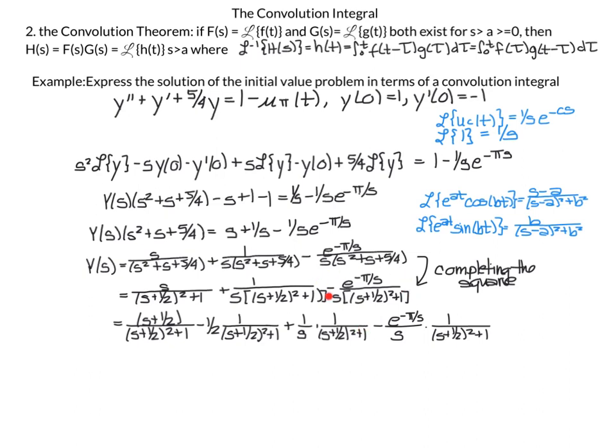And then last I said I was going to defer this, so I separated out my e to the minus pi s from the 1 over s plus 1/2 squared plus 1, and I chose to do this separation because I can see this is the inverse of 1 over s minus a squared plus b squared. And so I was going to look and see what this would give me if I just separated this out.